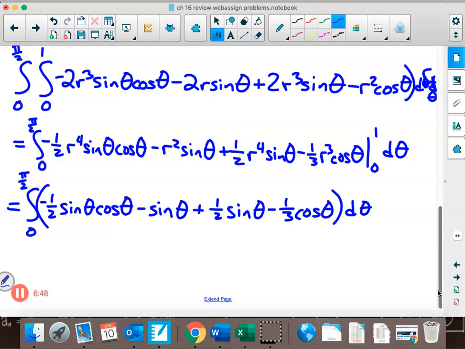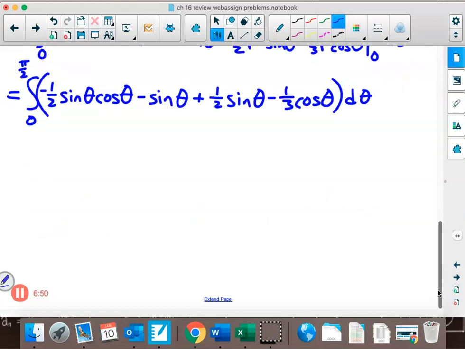Should I combine like terms? I'm going to combine like terms. I hope I didn't mess up anywhere.